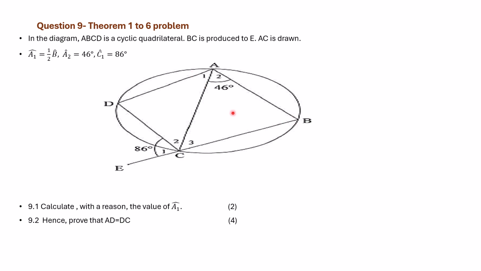So if B1 is 60, then A1 would be 30. A2 equal 46, that's given in the drawing, and C1 here on the outside, 86. The problem says calculate with reasons the value of A1. So they want the size of A1, and hence prove that AD equal DC.